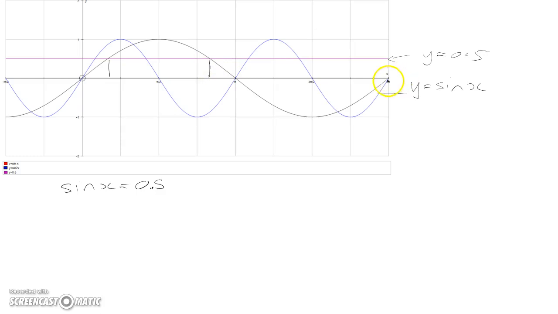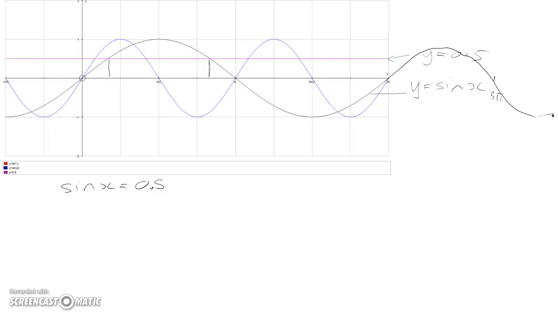Now, I'd also like you to imagine that my sine graph does carry on forever and ever. That is 2 pi and pi, because I've got everything in radians, and this point over here would be 3 pi. Just imagine everything carrying on forever and ever.